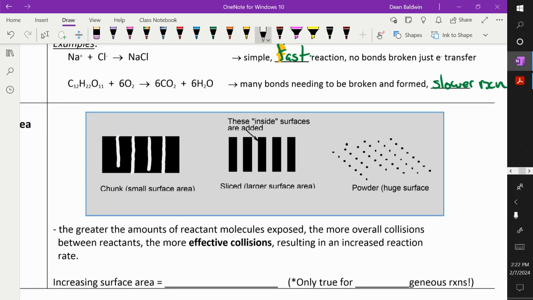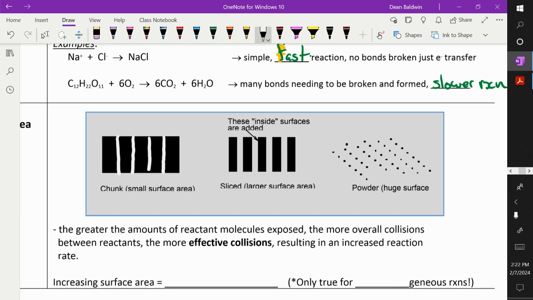All of those on the white lines are no longer in play because they're inside the chunk of metal. But if you slice it open, all the stuff in here now can be attacked from whatever you're reacting it with. And ideally, if you grind it up into a powder, it's almost like an infinite surface area, right? There's tons of things that can combine.